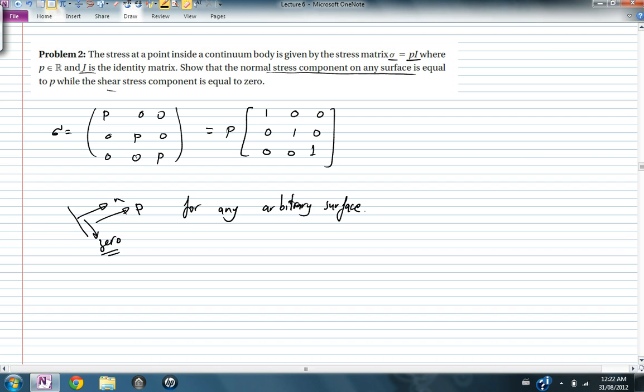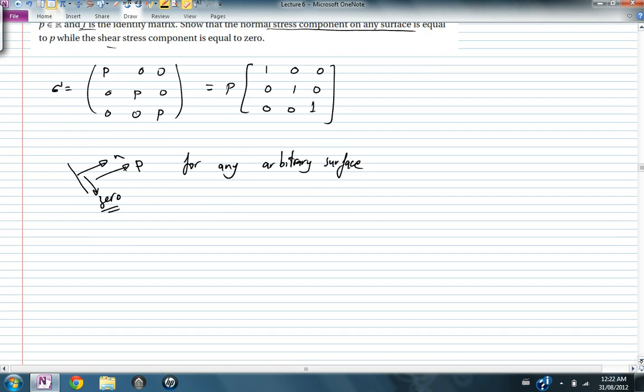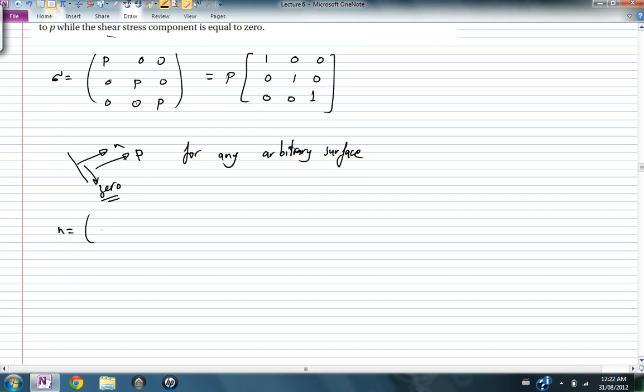Okay, let's assume n is equal to (n1, n2, n3). The traction Tn is equal to sigma transpose n, and sigma is equal to P I. So P I n is equal to P n, where P is a real number and n is a vector.